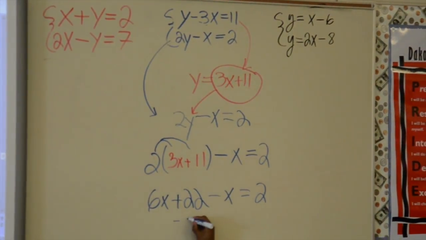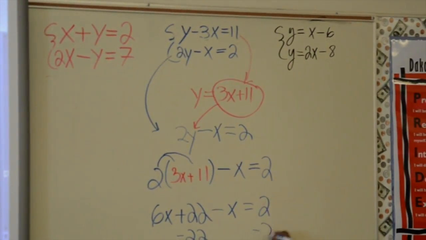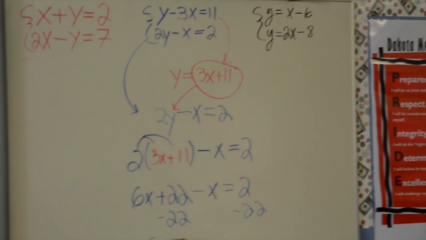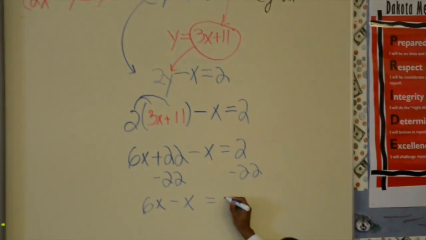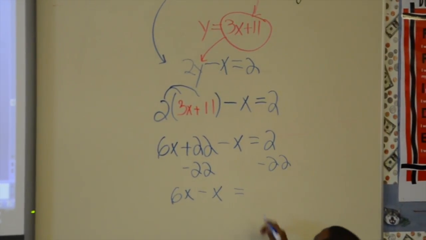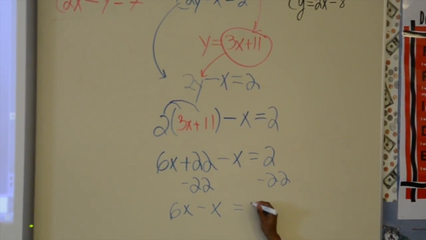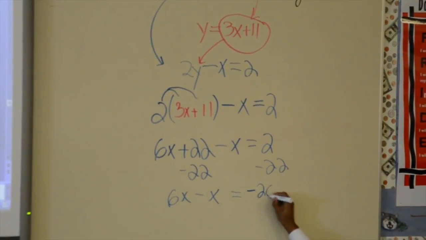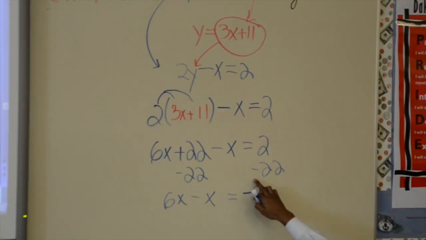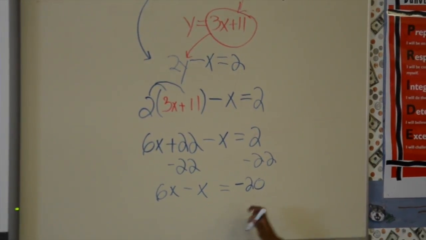Okay, you can subtract 22. Then you have 6x minus x is equal to negative what? How did you get negative 11? I got x equals 3. Negative 20, because 2 plus negative 22 is negative 20.